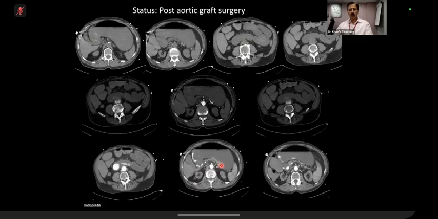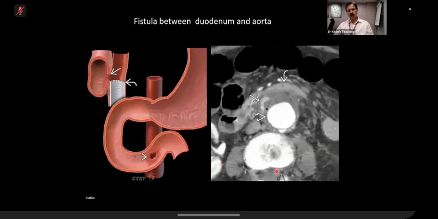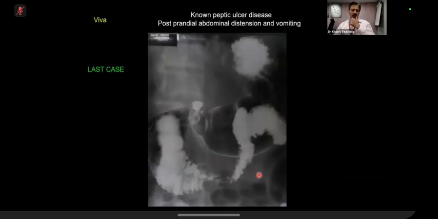And this is the type of case in which around the graft there might be signs of infection, a few air bubbles, etc. So this type of case has come in the exam quite a few times. So that's why I was trying to show it to you. This is the last case of the chapter, and over to you.